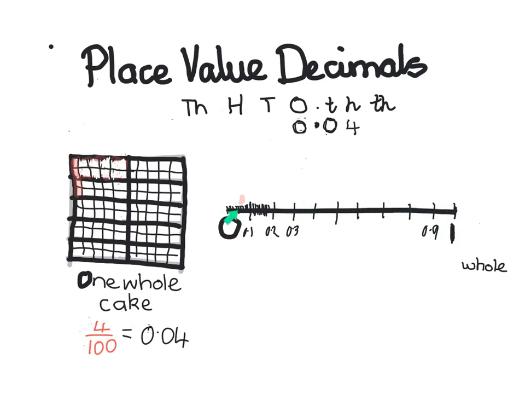And each of those would be worth 1 hundredth. So 4 hundredths would be roughly just before halfway between the 0 and the 0.1. So it would be at 4 of those little hundredths lines. 1, 2, 3, 4, and it would be written as 0.04.